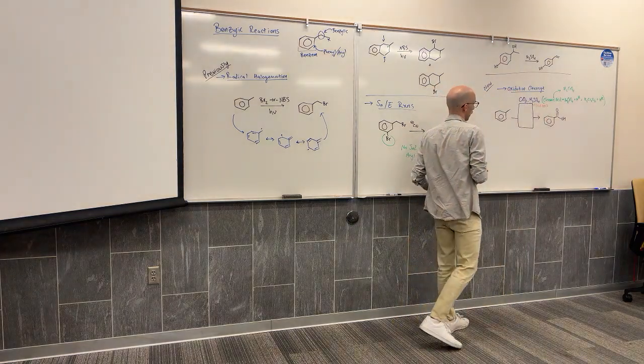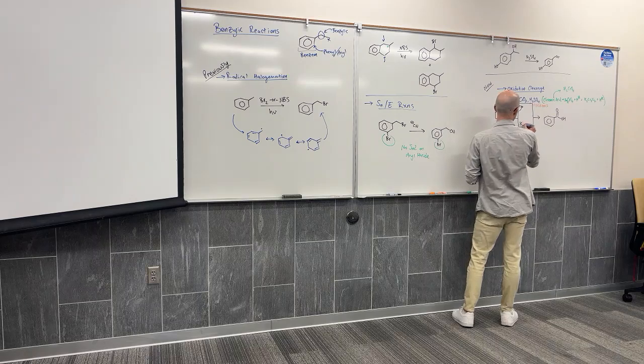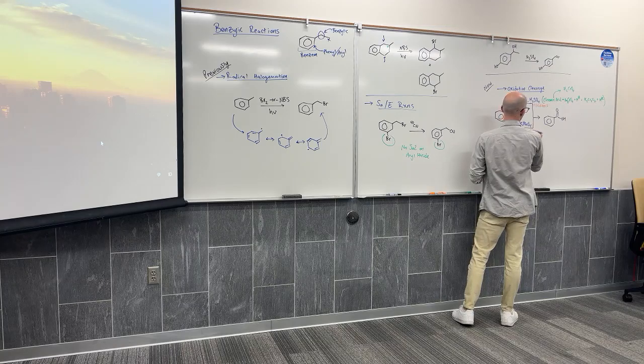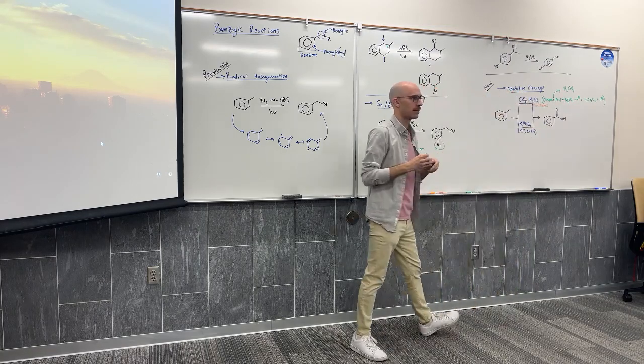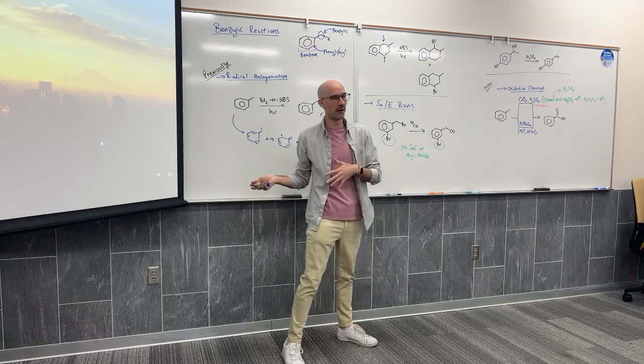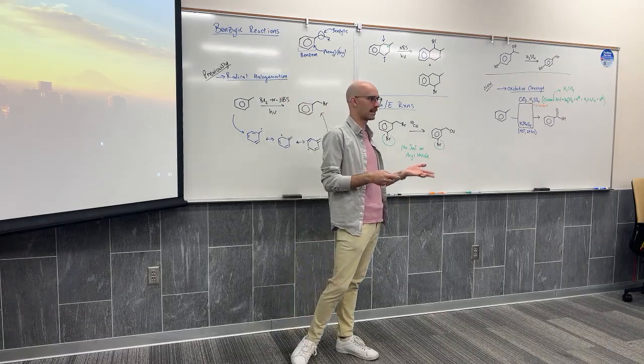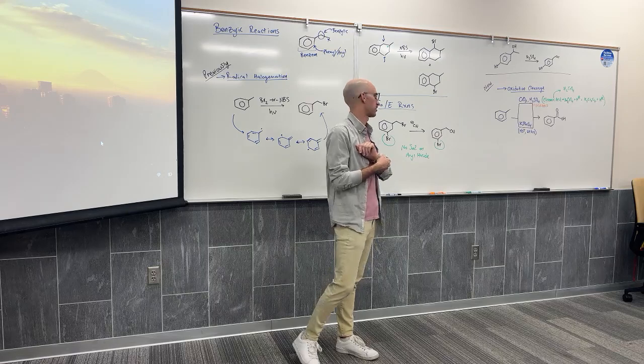The other reagent that gets this done is potassium permanganate, which needs to be run hot for about 24 hours. So one reagent, you can get it done in a day's work. The other reagent, it's going to take an entire day to run the reaction.